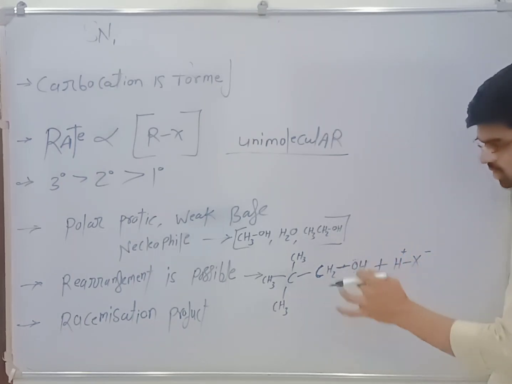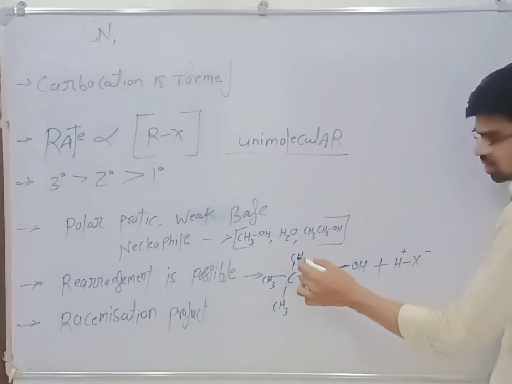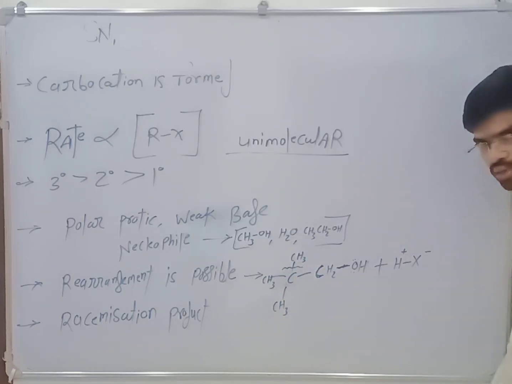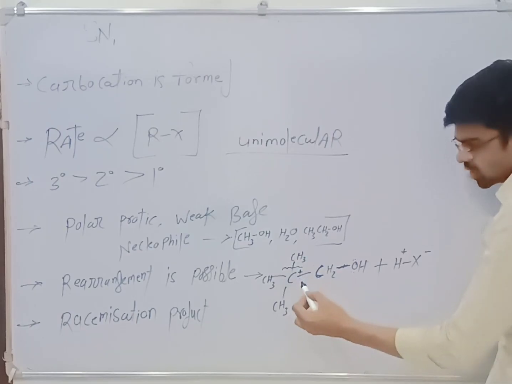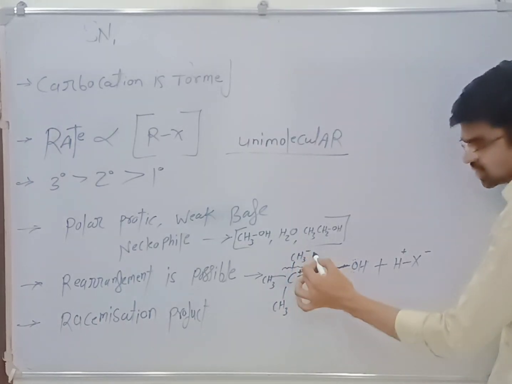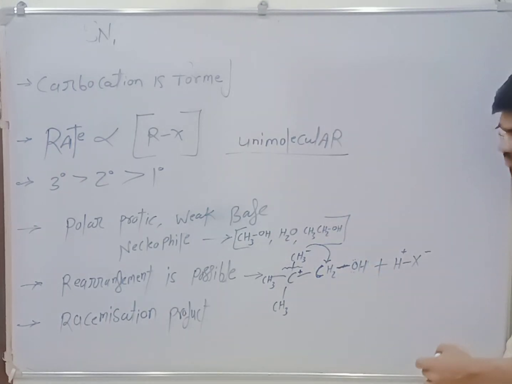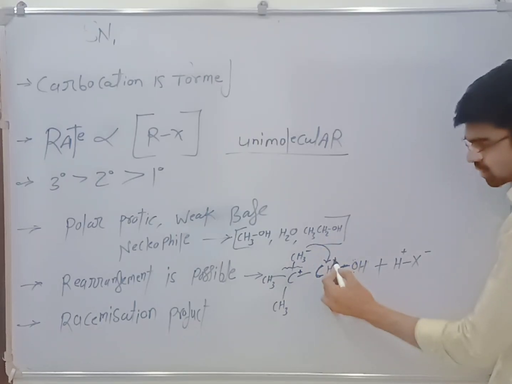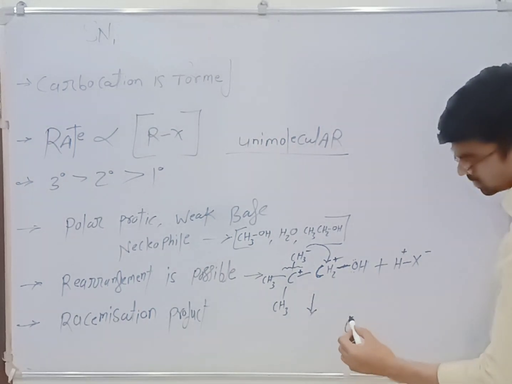In this kind of reaction, because the reaction prefers the 3 degree carbon, this CH3 will move from the 3 degree carbon and form a positive charge there, and this CH3 will get attached to this carbon. So finally, after the rearrangement, you will get the product.